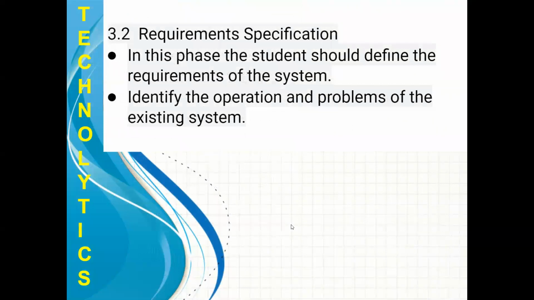Let's move on to the next topic, 3.2, requirements specification. Now here, the problems which the customer was facing, the same problems have become the requirements for my software. That means these are my requirements which I have to overcome.